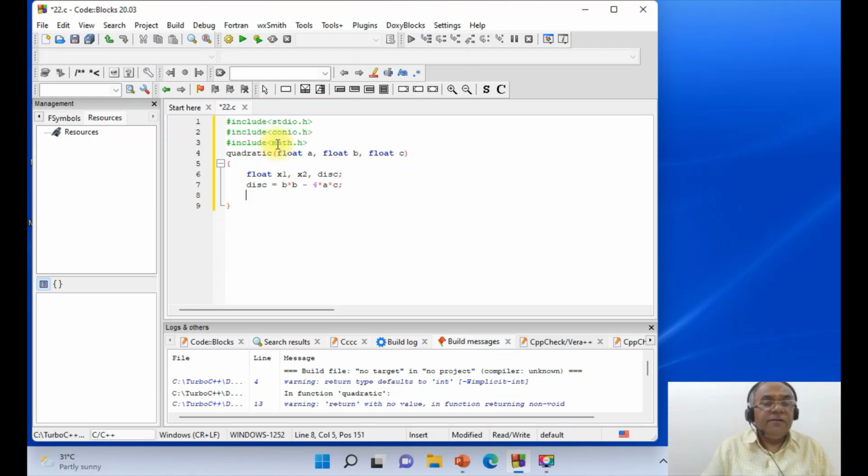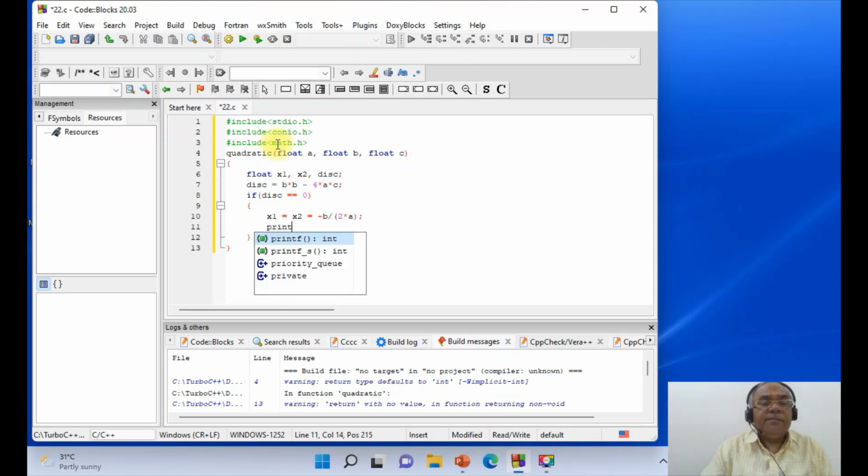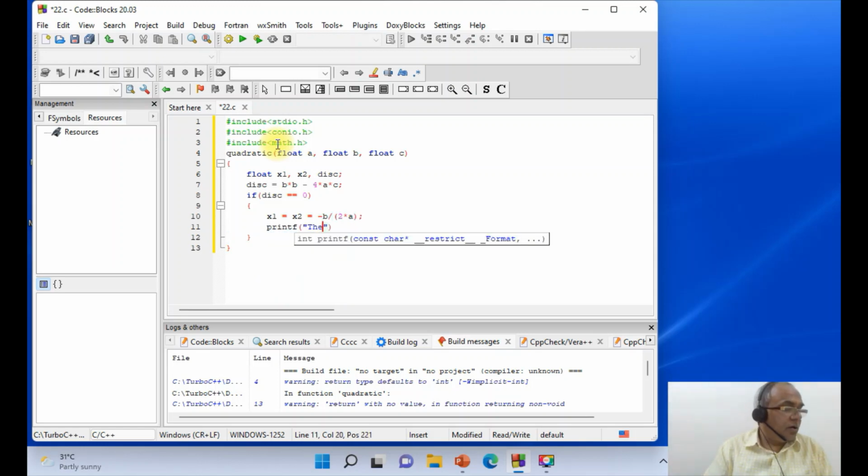Then if this expression is equal to 0, x1 equals x2, which is equal to minus b by 2 star a. Then printf, the roots are equal, \n.